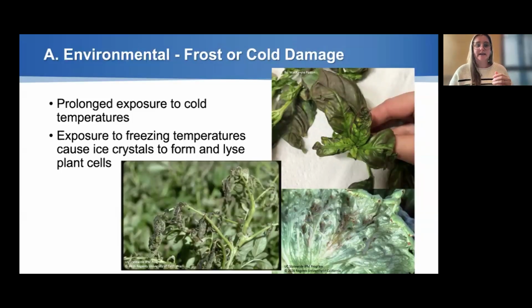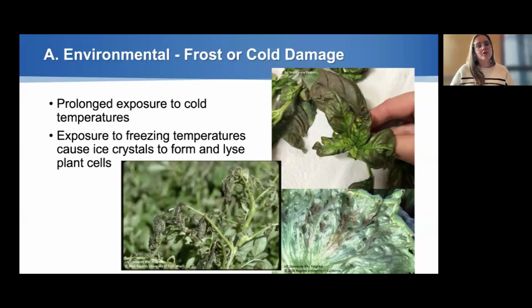And so that can look as the youngest tissues entirely shriveling and turning necrotic and wilting. It can also appear in things like lettuce, as seen in this picture of burst sections and kind of discolored sections. And that's those individual cells bursting from that exposure to cold.